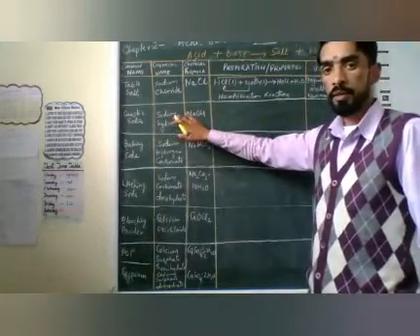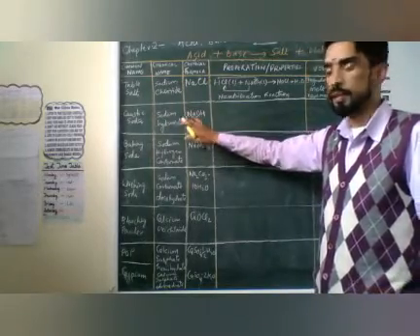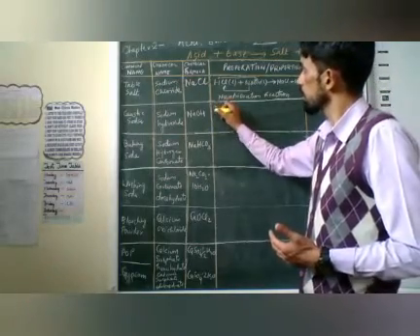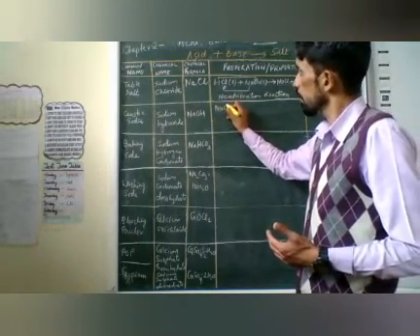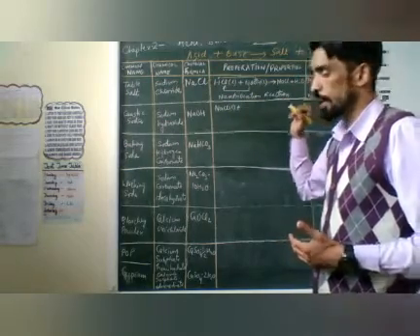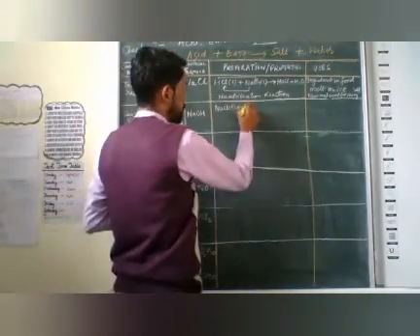Now next, similarly, caustic soda, where sodium hydroxide is the chemical name and NaOH is the chemical formula. Sodium hydroxide is made from NaCl: NaCl reacts with 2 molecules of water.